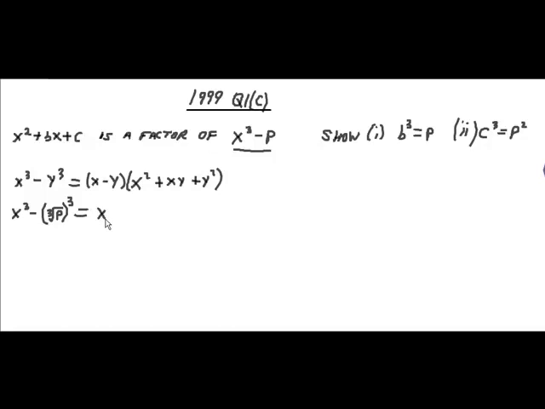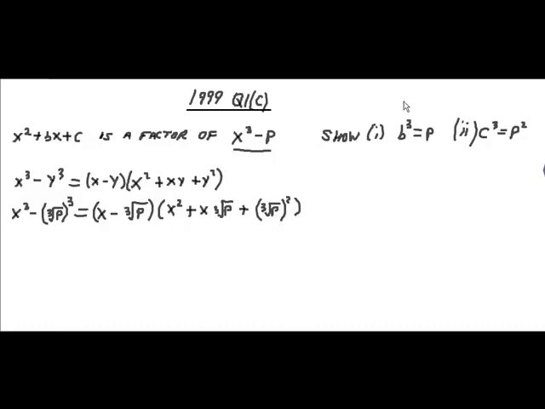So if you sub in these two values, we get x minus the cubed root of p, into x squared plus x times the cubed root of p, plus the cubed root of p squared, because y is the cubed root of p.